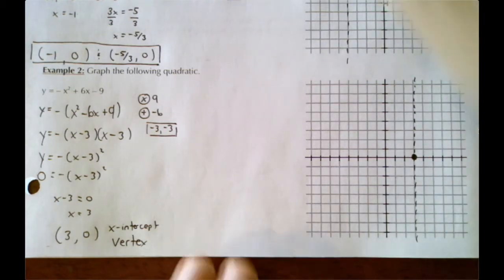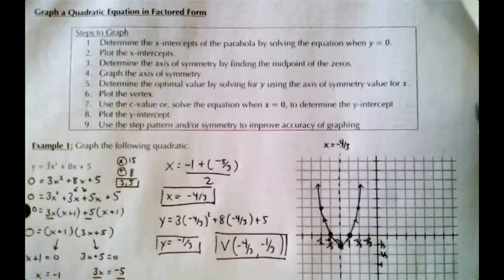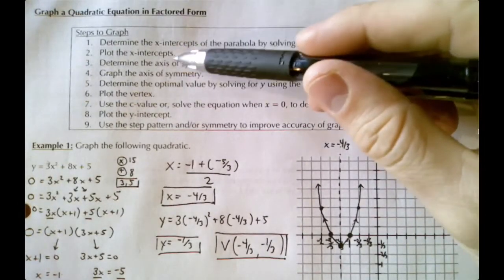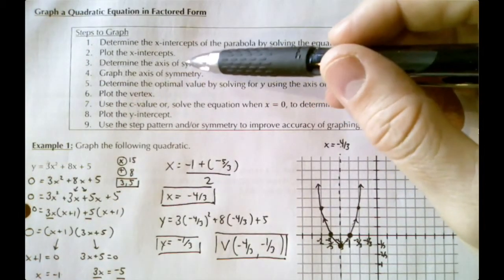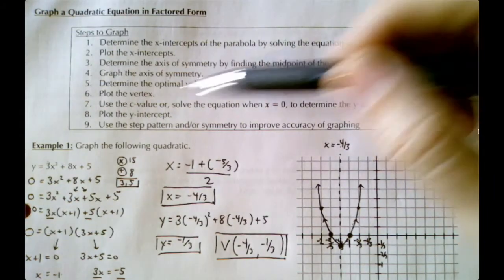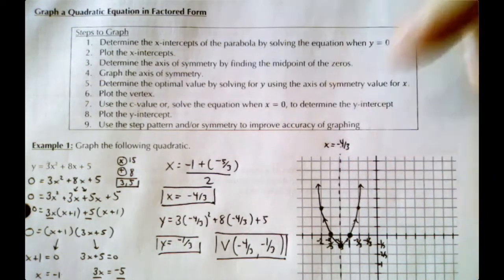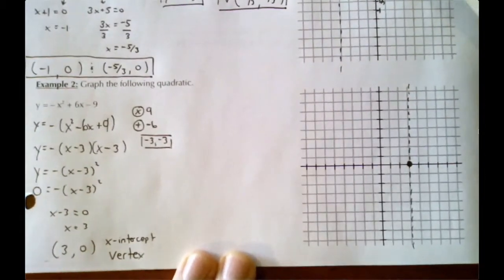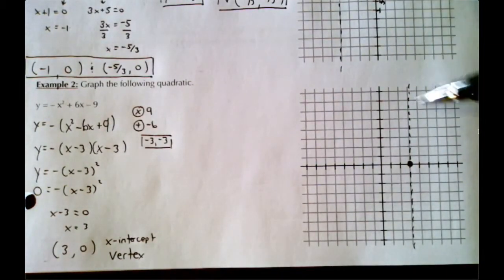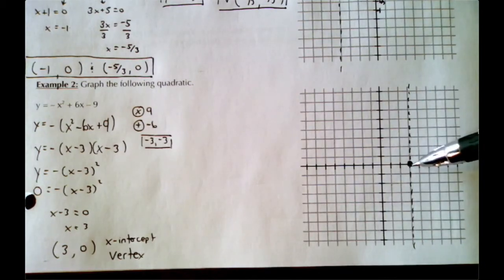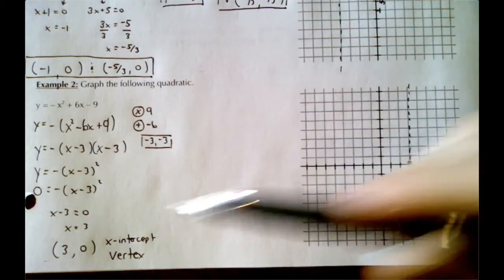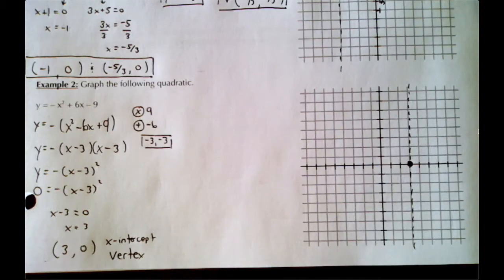And this is nice because if we go look at all the steps that we had to do, we had to find the x-intercepts, we had to find the axis of symmetry, we had to find the optimal value, and the first 6 steps are now all done because they're all the same point. The axis of symmetry goes through our x-intercept because our x-intercept is our vertex, which means that 0 is our optimal value.